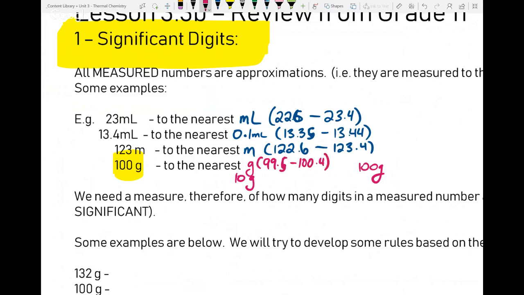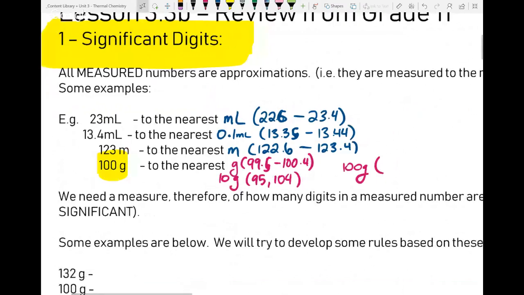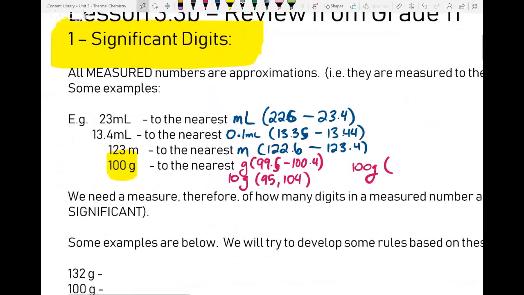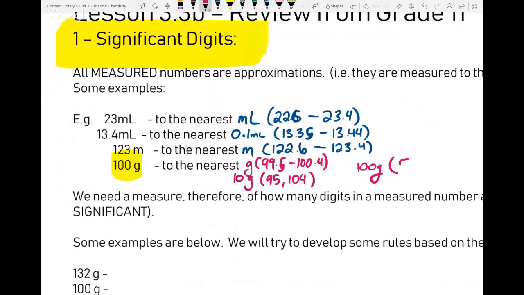But maybe when they say 100 grams, they measure it to the nearest 10, in which case this is somewhere between 95 and 104. And for all we know, it's actually measured to the nearest 100 grams, in which case this could actually represent a number as low as 51, because that rounds to 100, and as high as 149, because that rounds down to 100, measured to the nearest 100 grams.